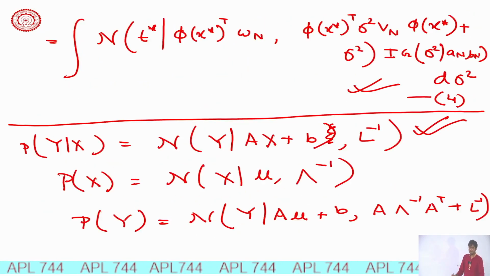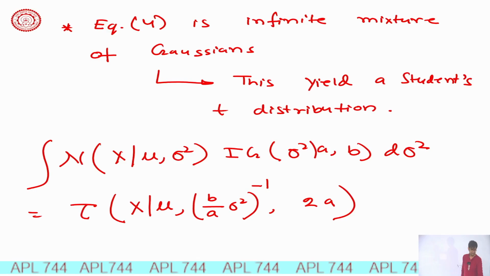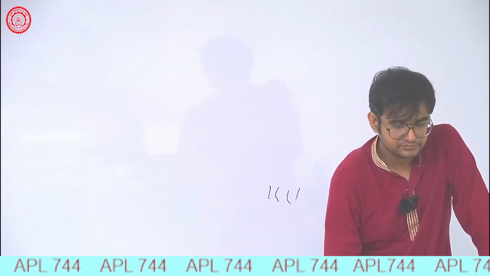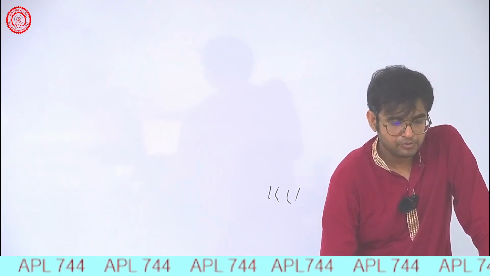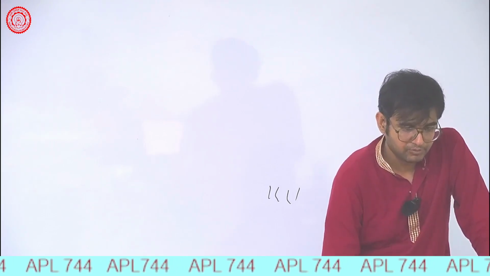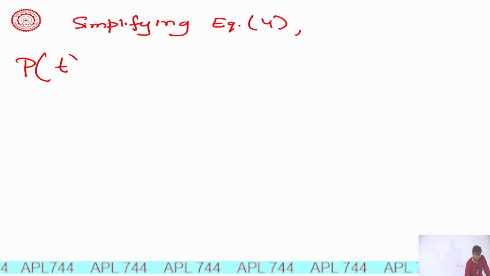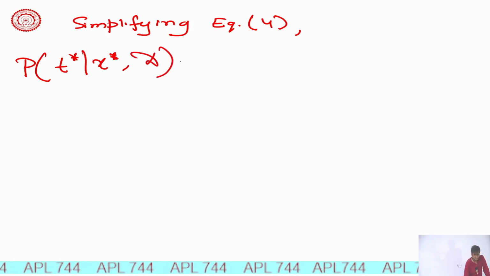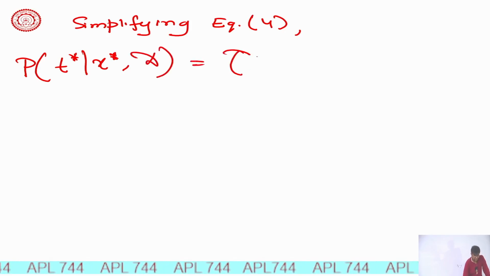To just conclude, and I have some time actually, let us write equation 4 as Student's distribution, and you tell me what will I get. Simplifying equation 4, you tell me what will I get. Probability of t star given x star comma training data is a Student's distribution that I have already told you.